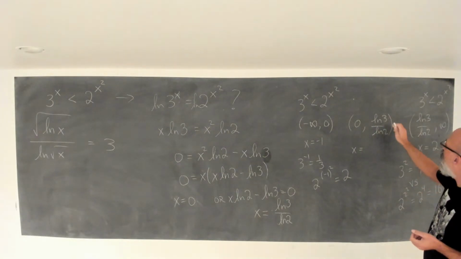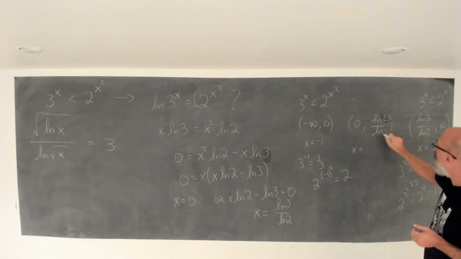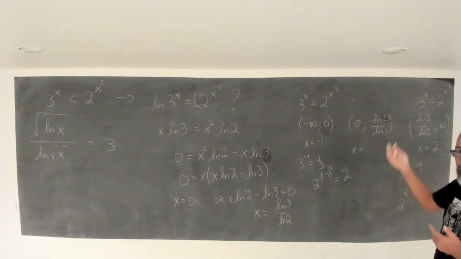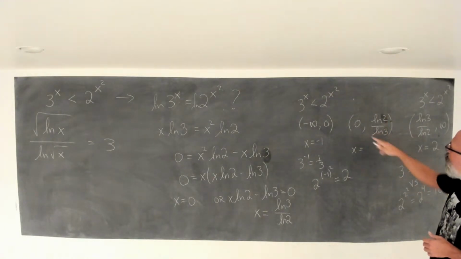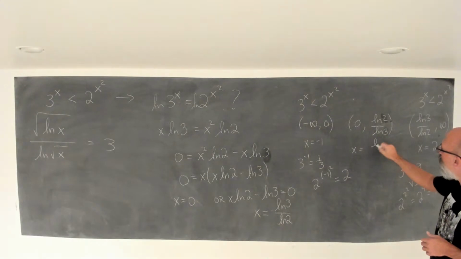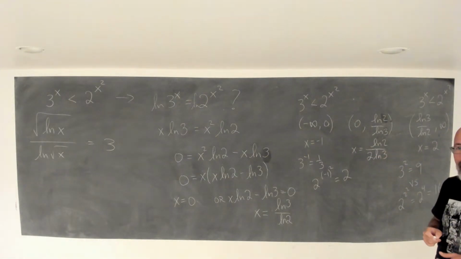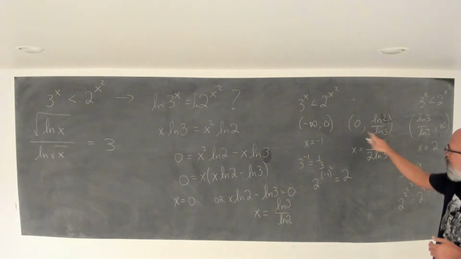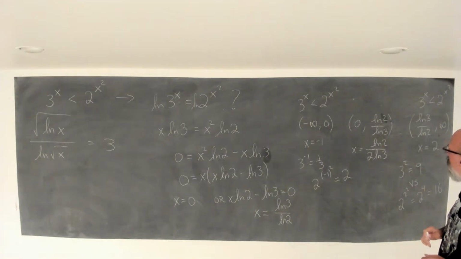But what if it had been the opposite? Ln of 2 over ln of 3. Then it's something less than 1, and we don't know how close to 0 it is. You could just say half of that. Half of it, if this is positive, half of it is still positive, and it's smaller than this, regardless of whatever that was.